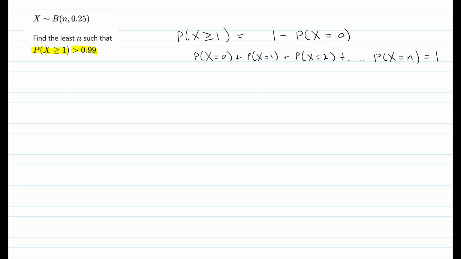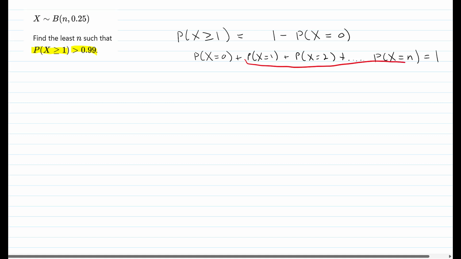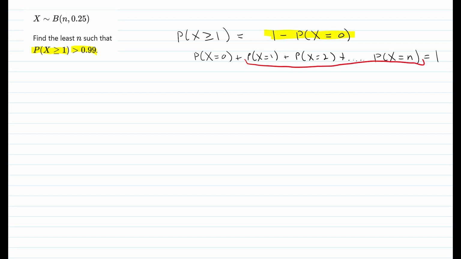Okay, so if we want the probability that X is greater than or equal to 1, that is all these ones here. So just rearranging that, we get 1 minus the probability of X equals 0 is the same as the probability of X greater than or equal to 1.